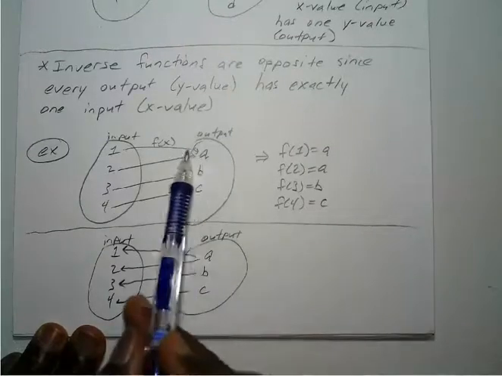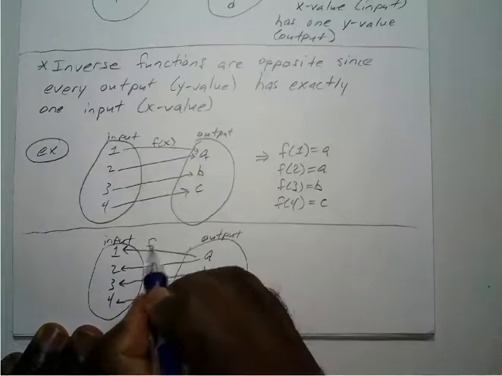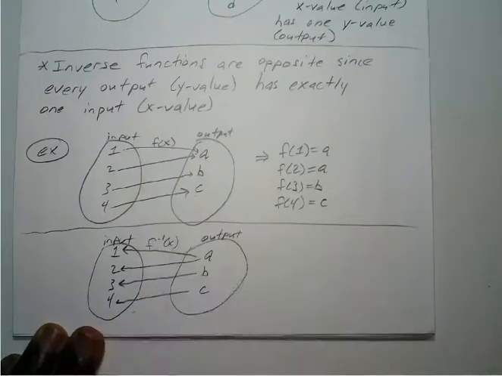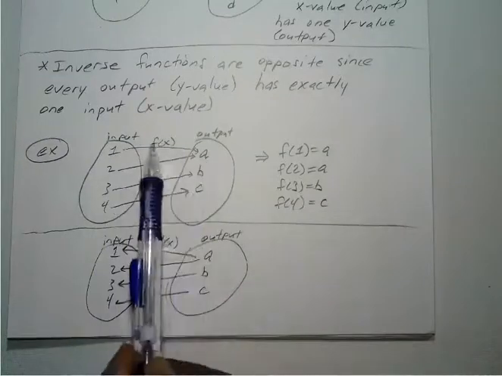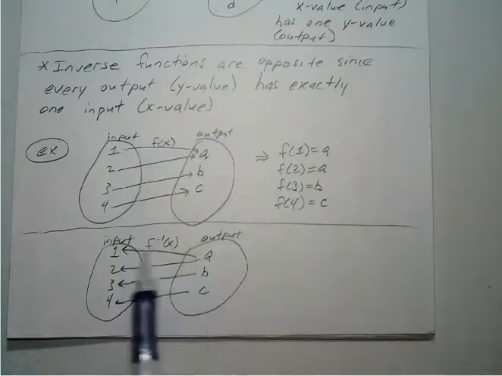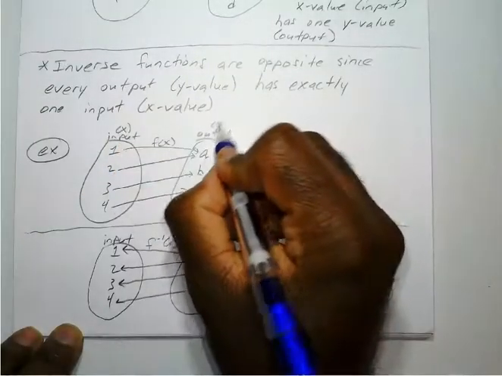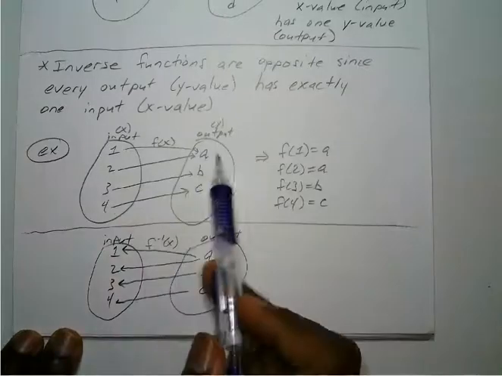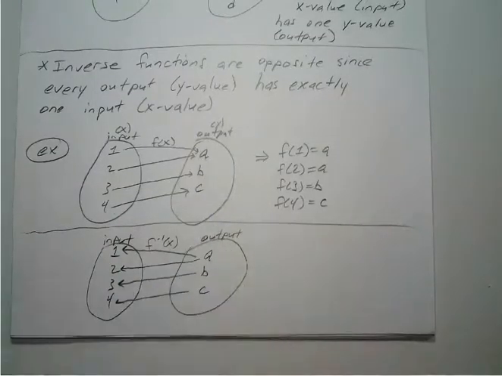As soon as you reverse them, going from the output back to the input, that's your inverse function. When you're going from input to output, that's your function. When you're going from output to input, it's your inverse function. In other words, going from x to y is a function, but going from y to x is your inverse.